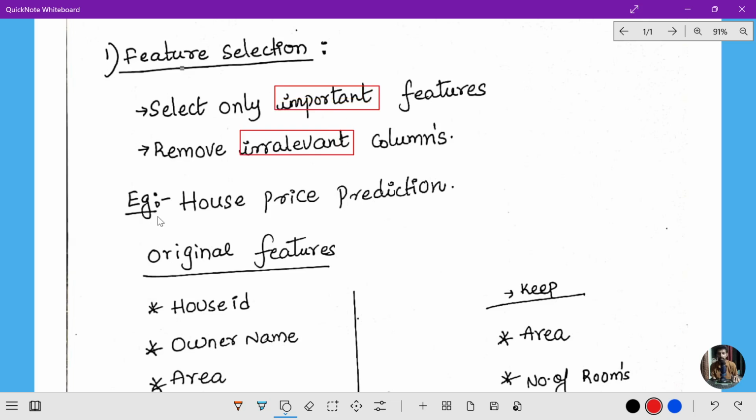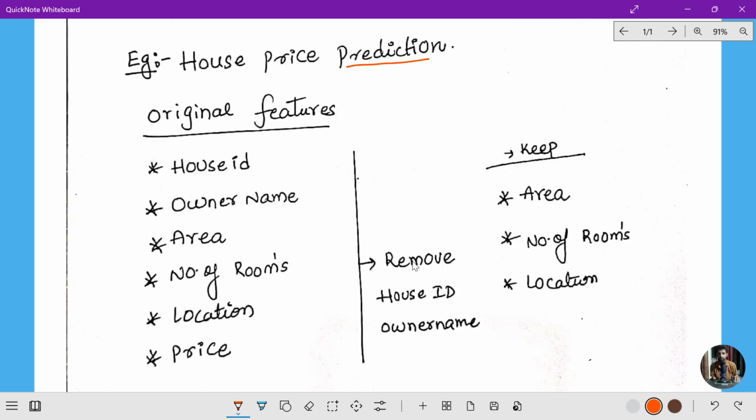Let us say the example is house price prediction. Now I want to predict the price of the house. So what are the columns required for this? You observe, in order to predict the house price, let us say I initially included house ID, owner name, area, number of rooms, location and price.